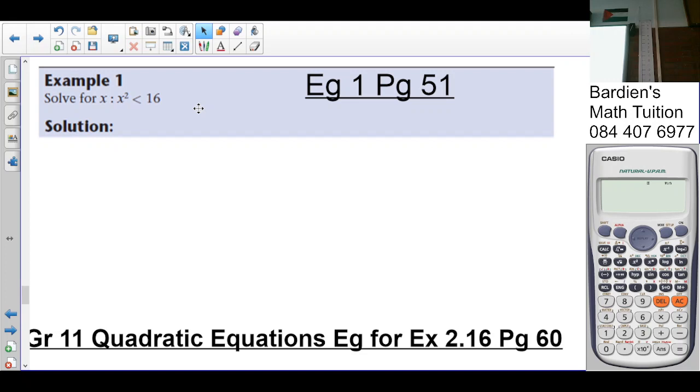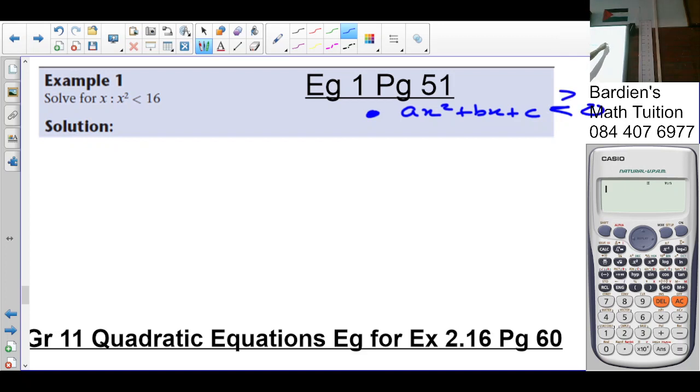But what I've noticed over the years is the learner understands it better if we draw a parabola, a function. So the first thing we do is get it into standard form, which is ax squared plus bx plus c equal to, or more than, or less than 0. So get it into standard form.